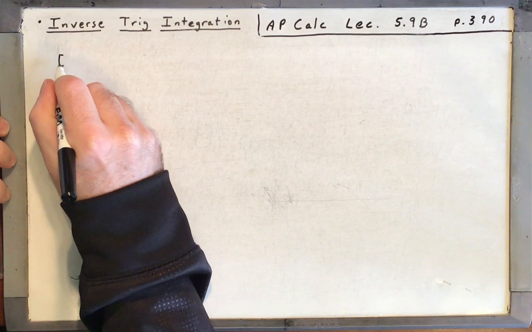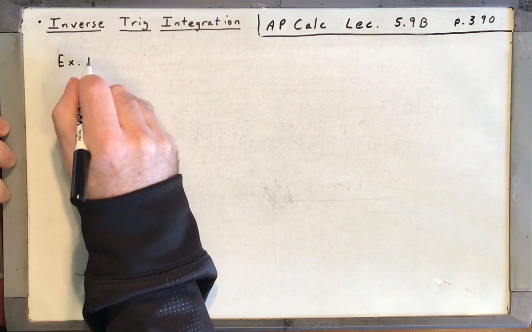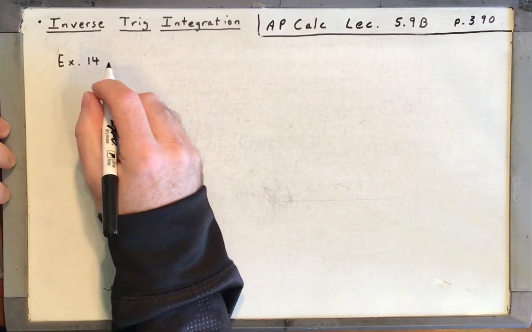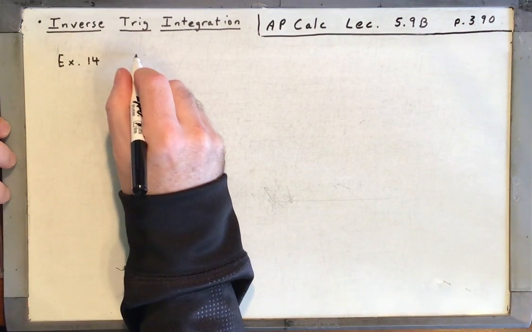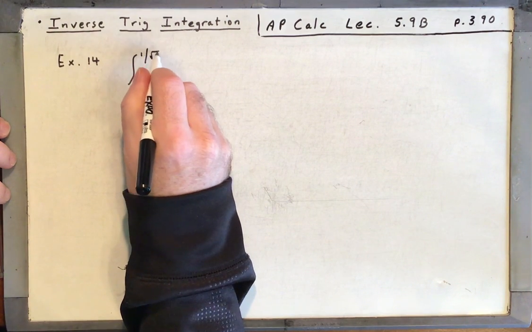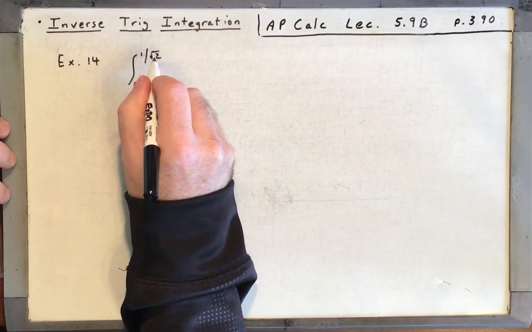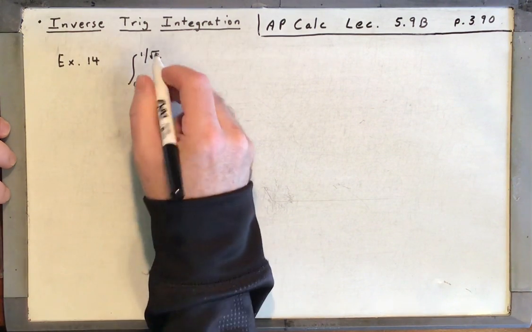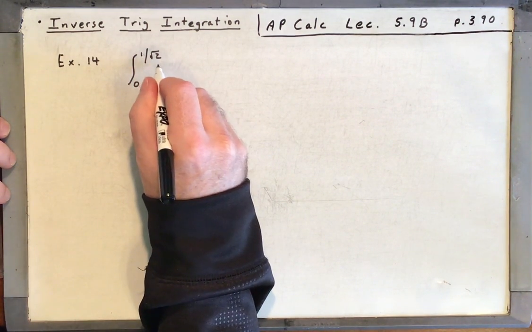So we're going to do example 14, and we are still on page 390. We're going from 0 to 1 over the square root of 2. Now 1 over the square root of 2 is the same as the square root of 2 over 2. Okay, you need to recognize that. It's just not rationalized.